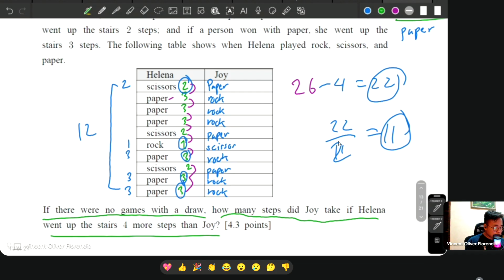If she has what? Scissor. Scissor. You also have scissor here. And then this one here using rock. And then this one here also using rock.